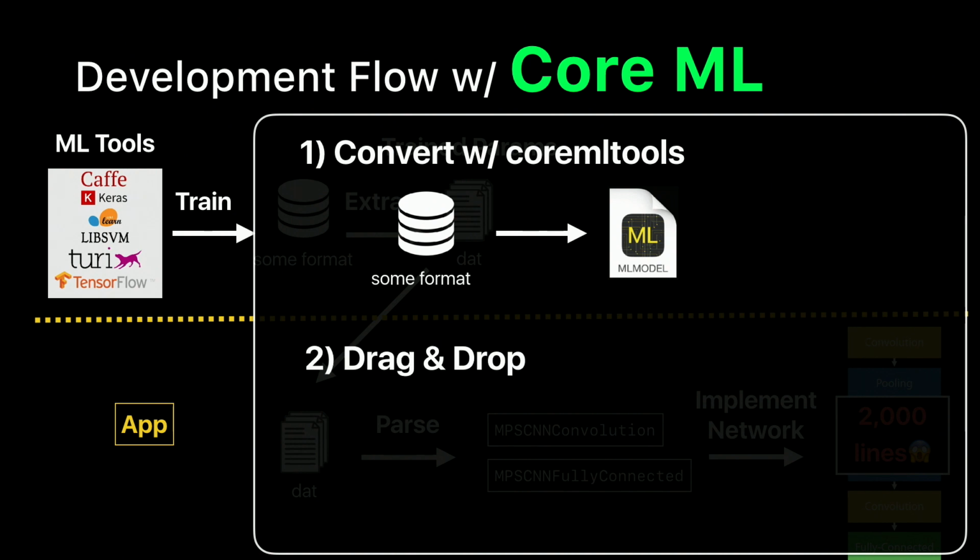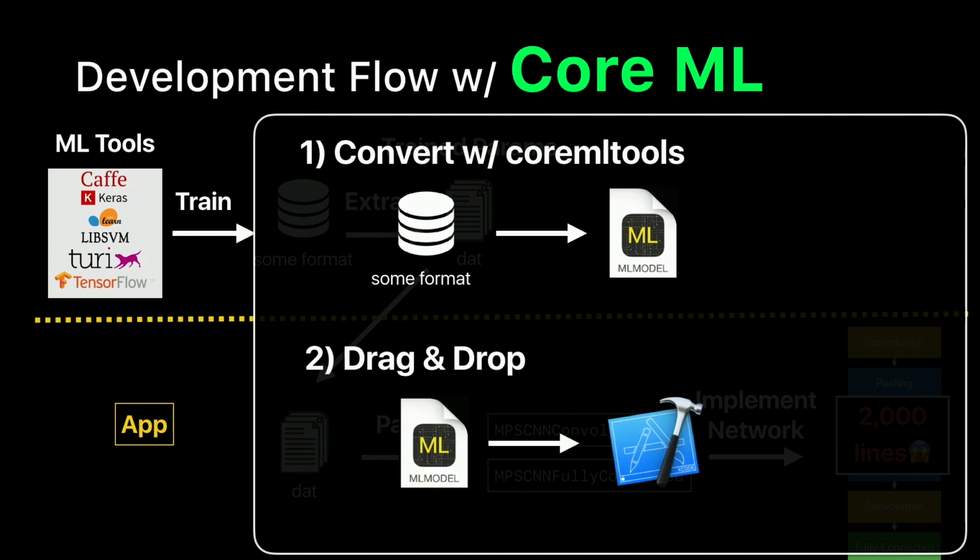Then, drag and drop it into the Xcode project. Then, related classes are automatically generated. That's it. So, actually, we don't need to write code to parse the trained parameters or to construct a complicated CNN anymore.